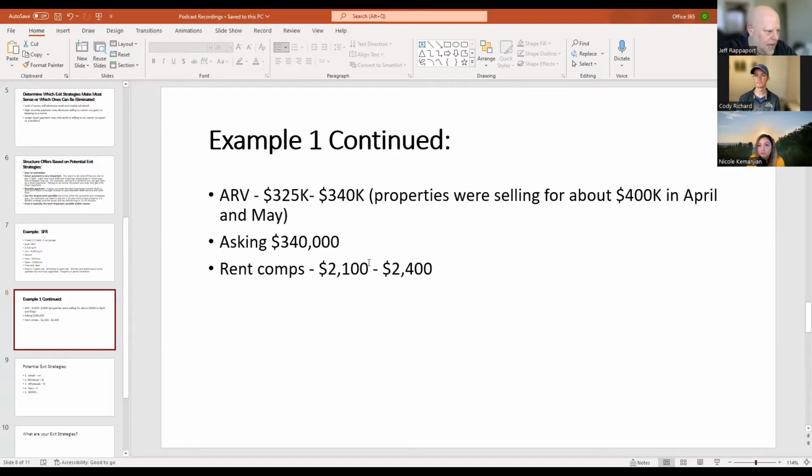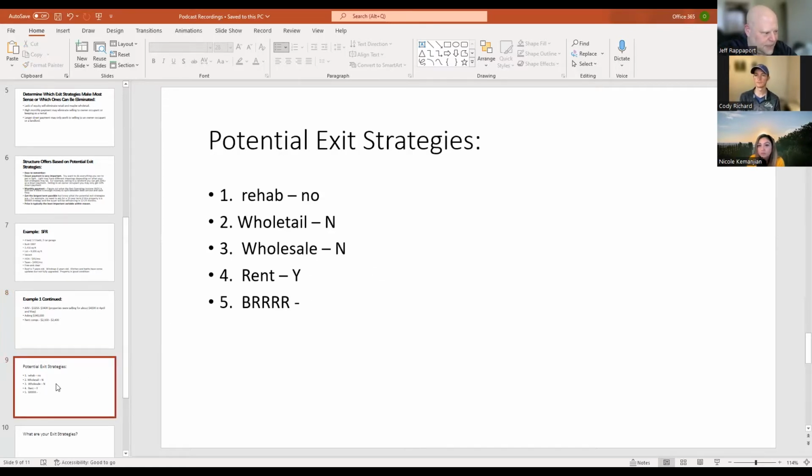But because there are terms, now all of a sudden the payment doesn't need to be at the 7.5% interest rate that you would get at the bank. We might be able to make that significantly less. So that's why this is still a possibility.